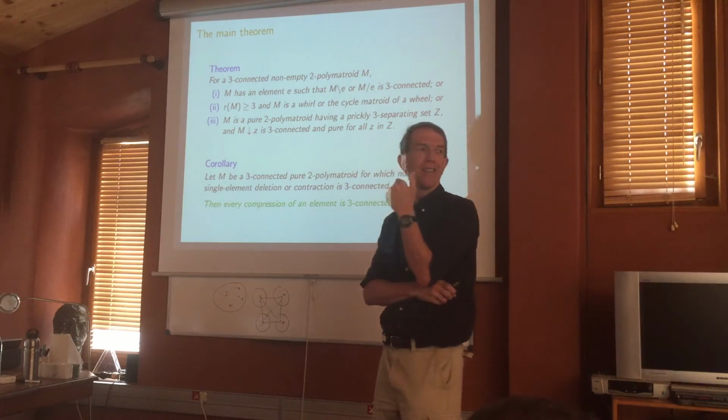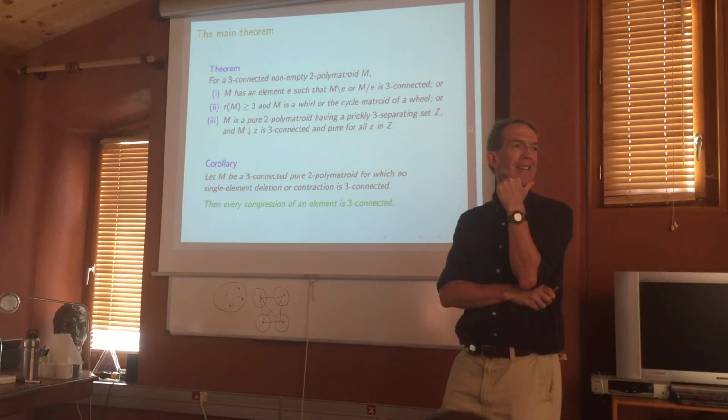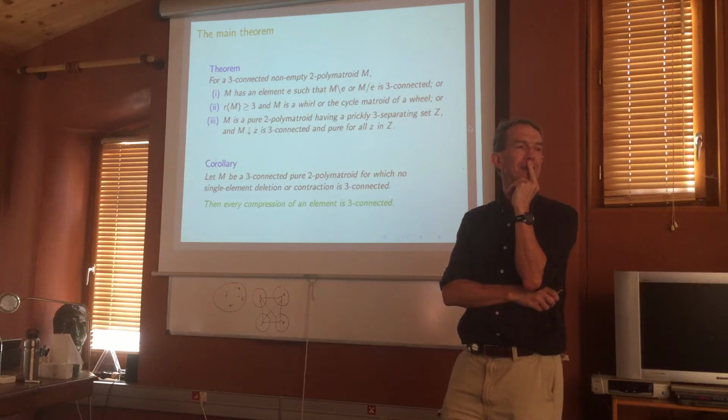If I've got 2 blobs that are direct sums of things, and I connect them by a line, that's a 2-connected thing, right? If I delete that line, I'm disconnected, and if I contract it, the first point brings them back, and then I contract the next and it disconnects them.